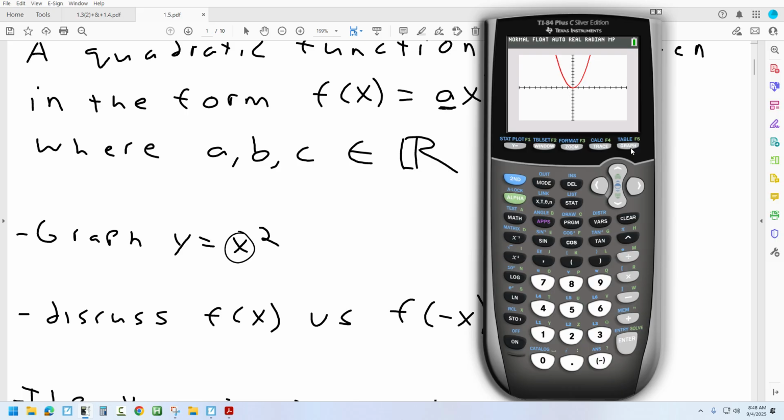Does anybody know what actually just happened there? This isn't a good graph to be able to see what happened because it ends up being the exact same graph. Guess what that negative did. Well, what kind of transformation could you do to the graph and it would end up looking exactly the same as it started?